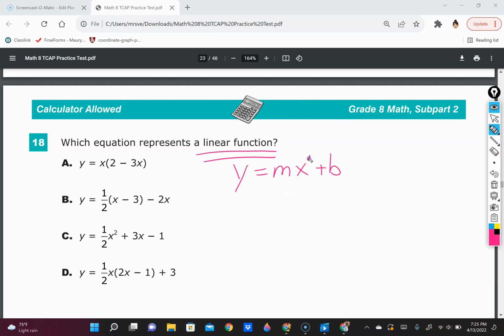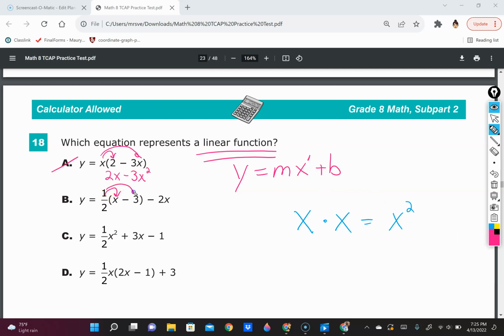And that x needed to be the first power. If we had x to the first power, we had a linear function. If I clean up A and do the distributive property, x times 2 gives me 2x. X times negative 3x actually gives me negative 3x squared. What we have to remember is that x times x gives us x squared, and we don't want that x squared. We want x to the first power so that it's linear. So we can't have A.